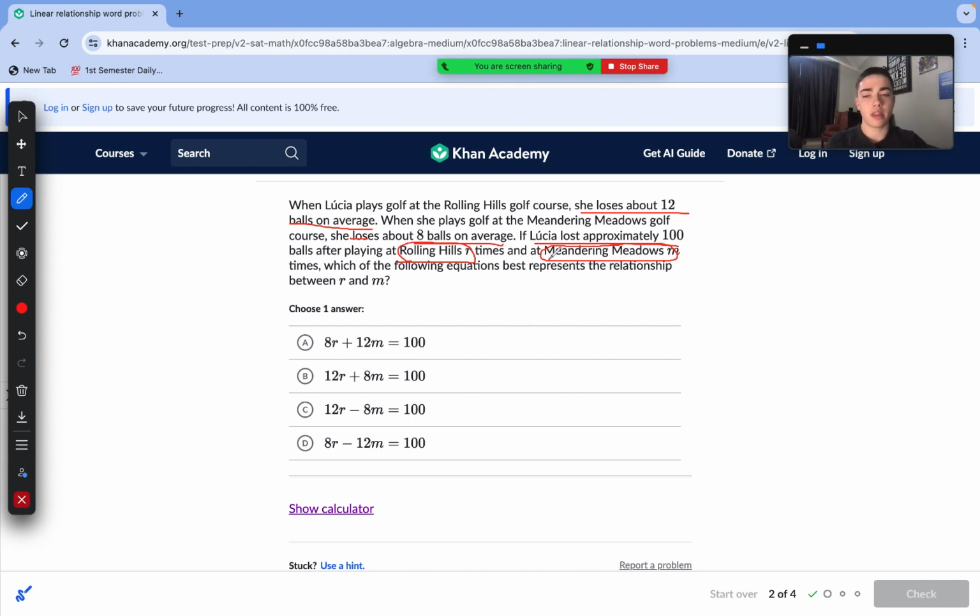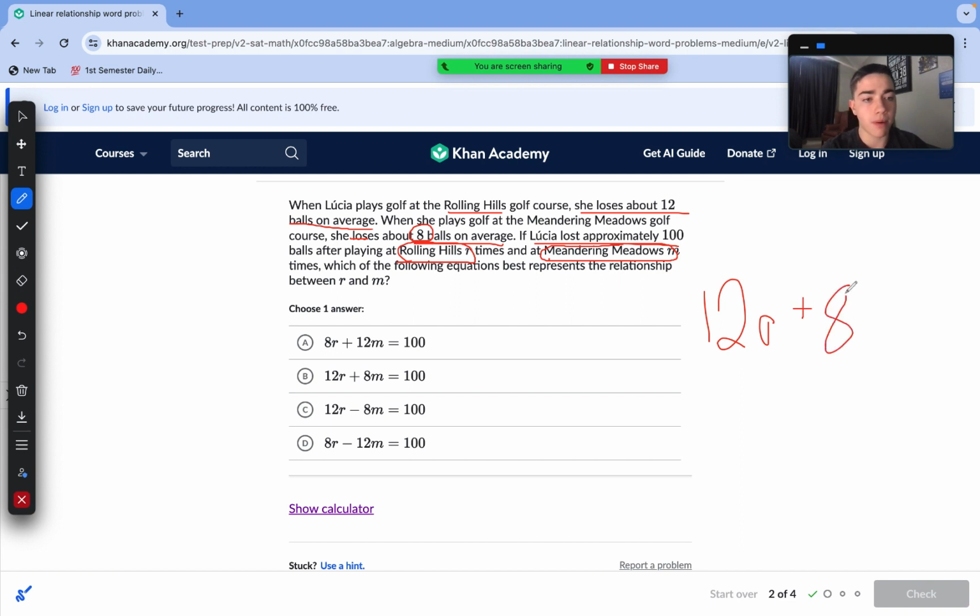So this question type is very similar to systems of equations. However, we only have one equation here, so it's a little bit easier. We can see Rolling Hills is with 12, and so that means 12 is going to be next to our R variable, 12R. And then we have our Meandering Meadows, M, being with the 8 number, because when she plays at Meandering Meadows, she loses 8 balls on average.